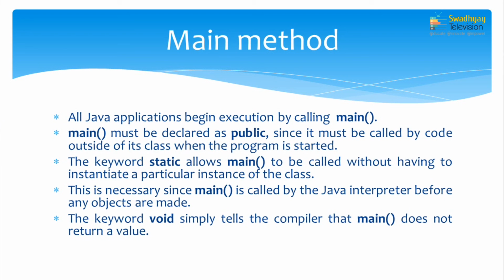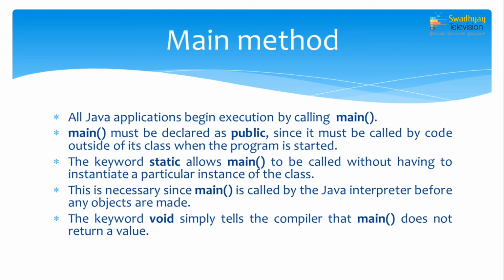Then we use the keyword static. This allows main to be called without having to instantiate a particular instance of the class. In simple words, we can call the main method by the name of the main class without creating an object of the main class. We discuss static methods and the static keyword later on, but right now remember that the main method can be called without creating an object of the main class.